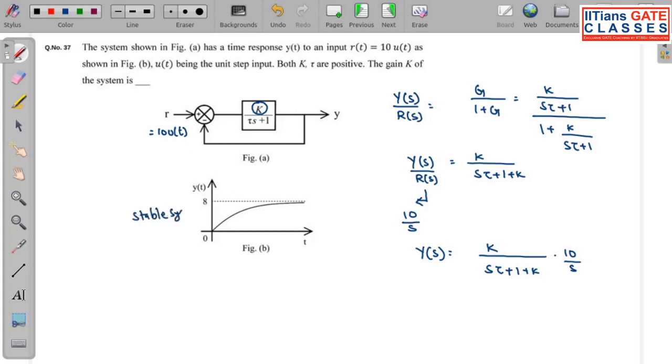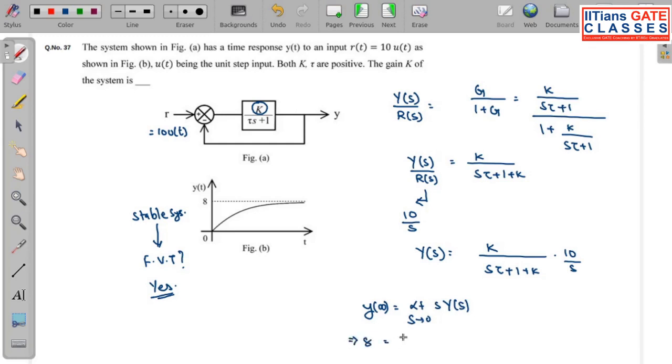For a stable system, can we apply the final value theorem? Obviously, yes. So what is y of infinity? It will be equal to limit s tends to 0 of s Y(s), and you can see from the graph that y infinity is 8.